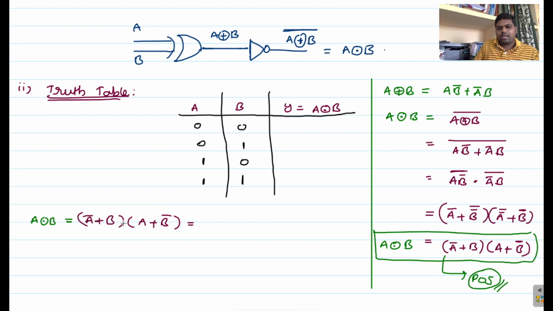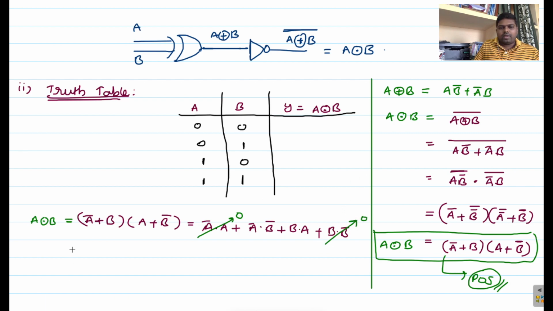Then what you will get: a bar into a, plus a bar into b bar, now b into a plus b into b bar. But according to the AND operation theorem, a bar into a is nothing but 0, and b into b bar is nothing but 0.